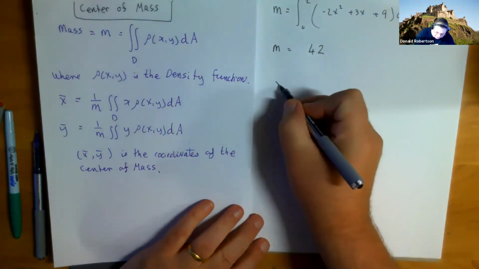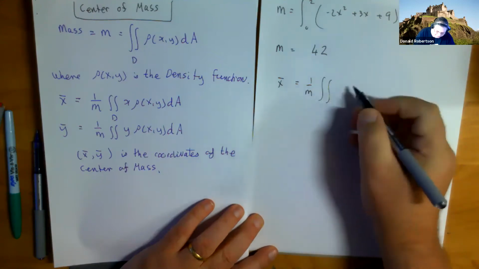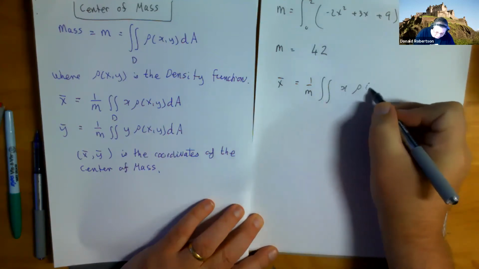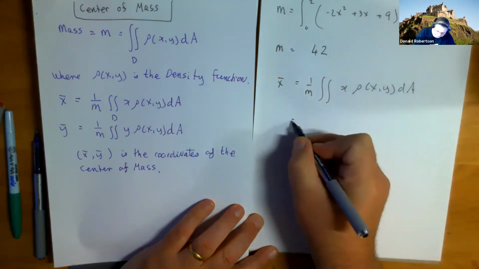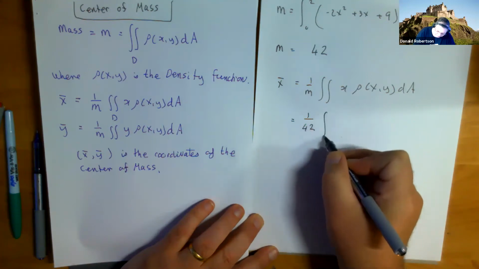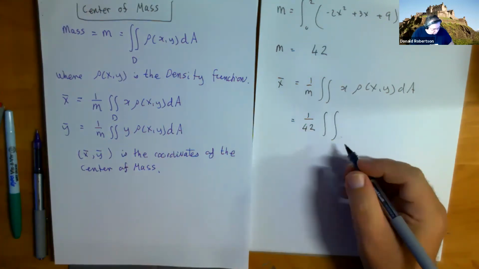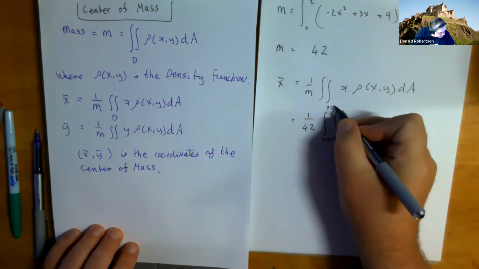So you want to get x bar. It's 1 over the mass, the double integral of x, the density function, dA. If this was correct, it'd be 1 over 42. The double integral would be the exact same start and finish every single time.